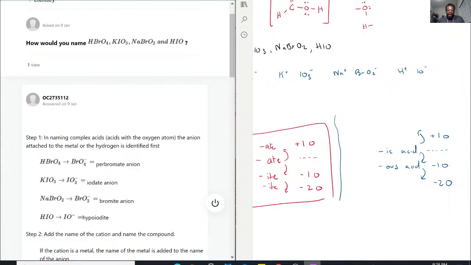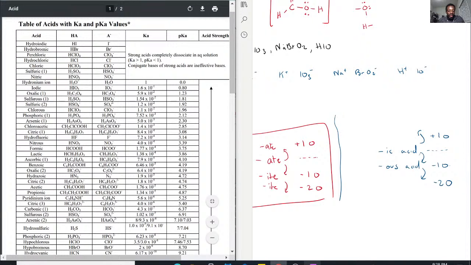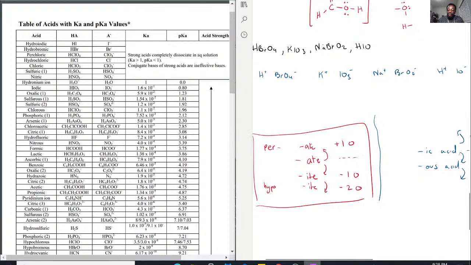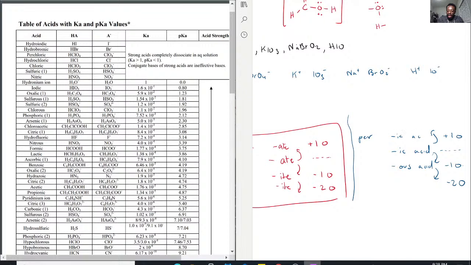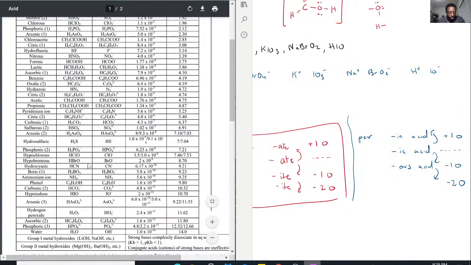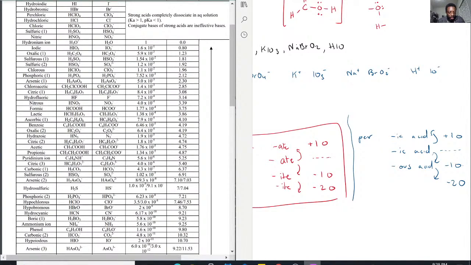When we do that, based on our acids sheet, if we look at HClO4, which is perchloric acid, it seems to stick with the same prefix of per, but instead it has the ic acid. And HCl works perfectly fine in this case as well, because it says hypochlorous.